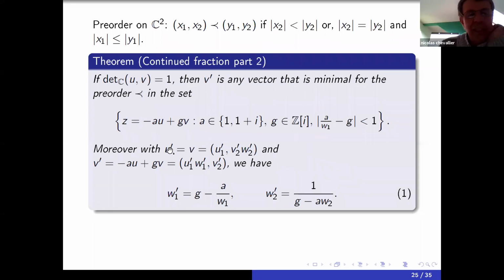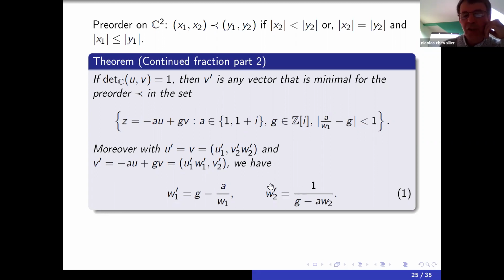And what is important is that when you have the next minimal vector, you have also the next pair of minimal vectors. So if you have U, V, a pair of minimal vectors, and you find V prime, the next one, the next pair is just V, V prime. And you can compute the new W prime 1, W prime 2, and this is easy to compute.